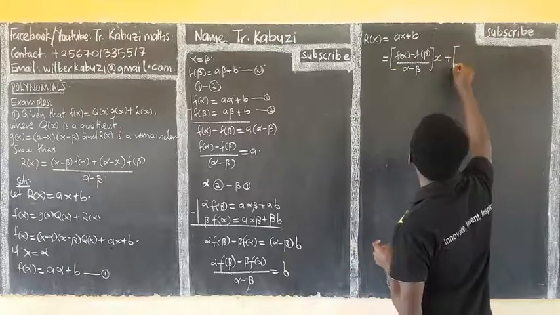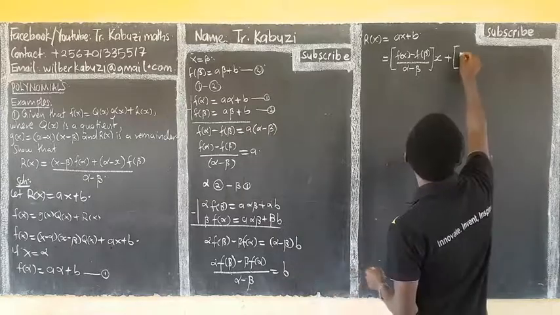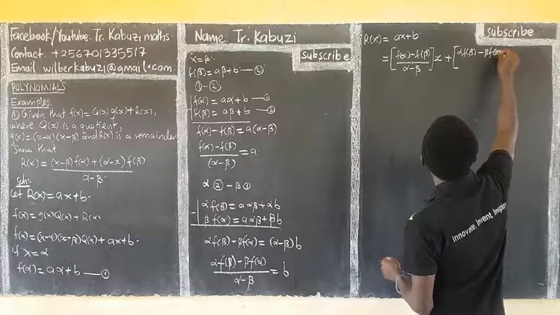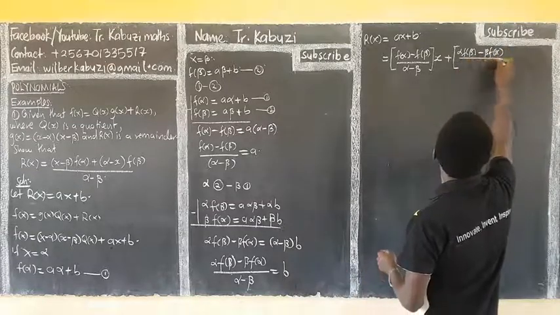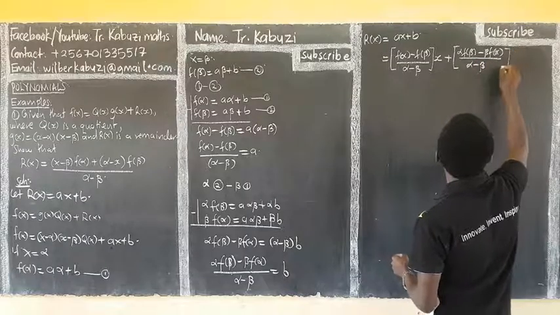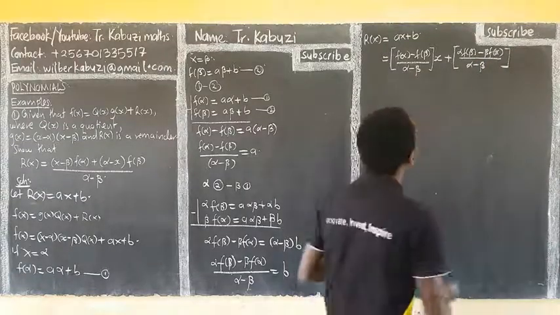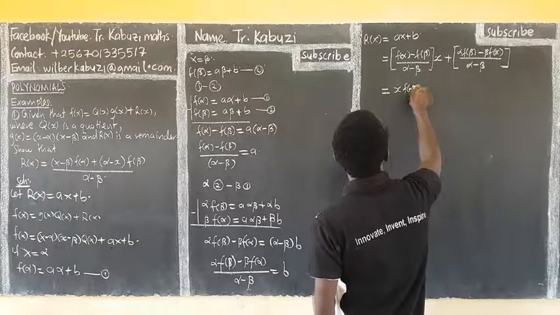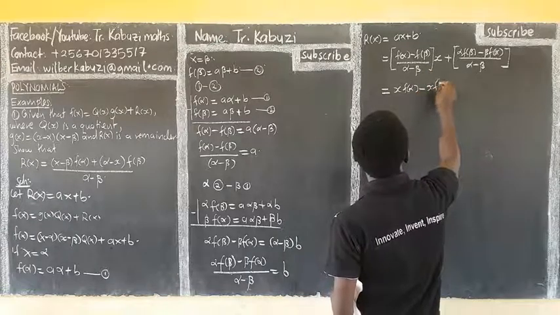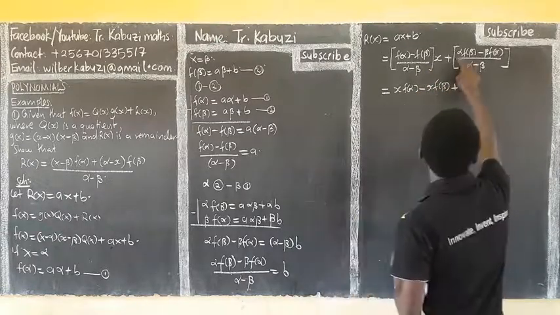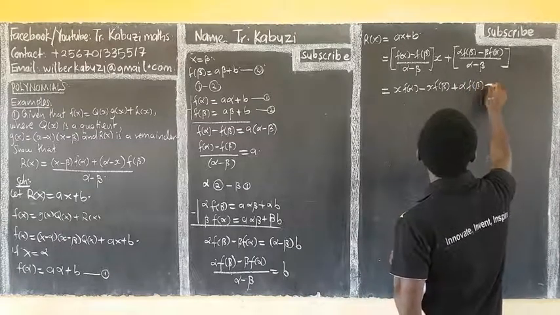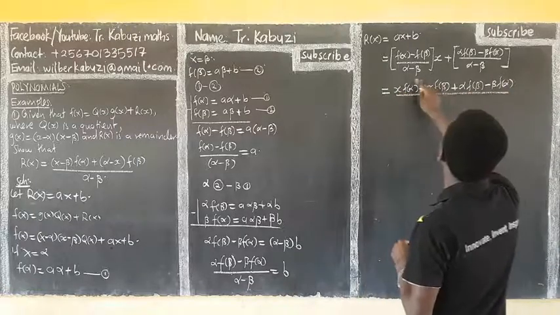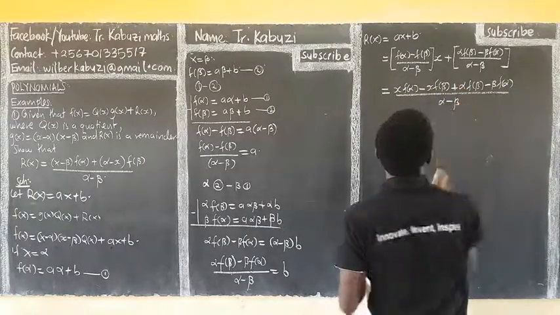Then plus our b, from here it's alpha f of beta minus beta f of alpha, then over alpha minus beta. Now, with the same LCM we shall add. This gives x f of alpha, minus x f of beta, then plus alpha f of beta, minus beta f of alpha, the whole over the same LCM, alpha minus beta.